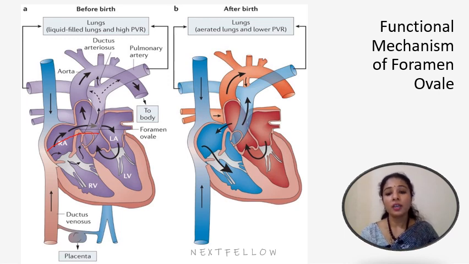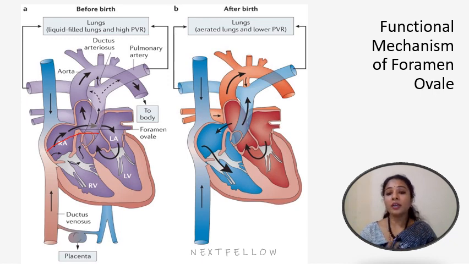Suppose there is any atrial septal defect, there can be a chance of persistent foramen ovale even after birth. So that causes an abnormal circulation from right atrium to the left atrium. So there will be a mixture of oxygenated and deoxygenated blood in the body, resulting in incompetency of blood.